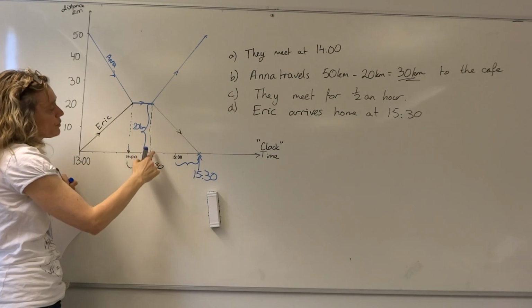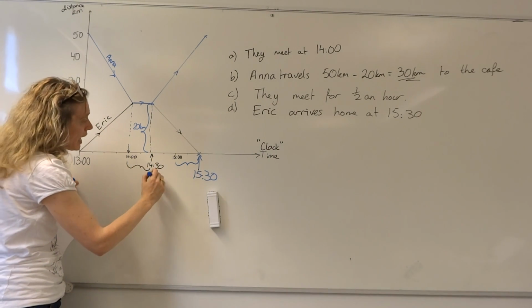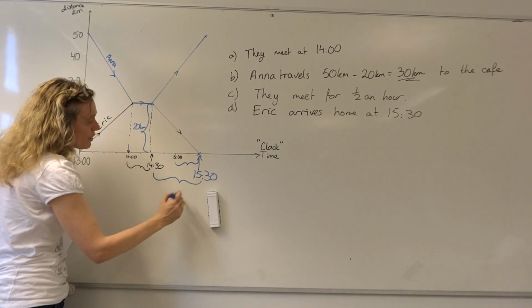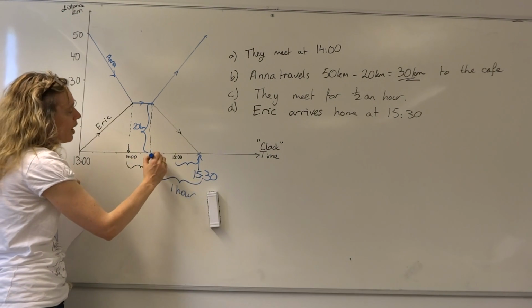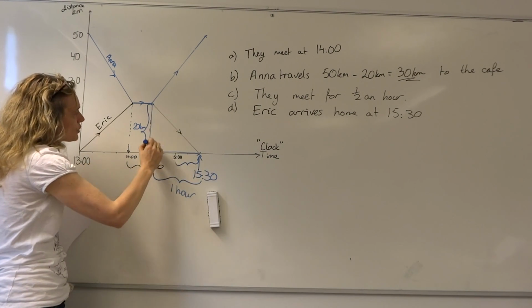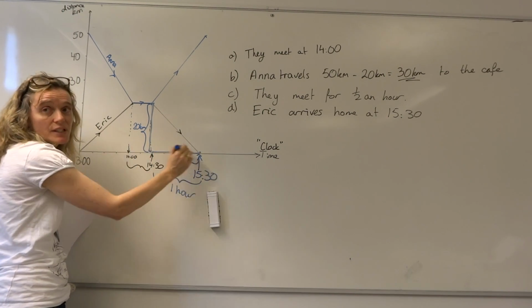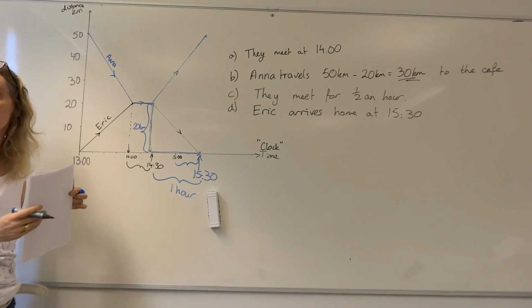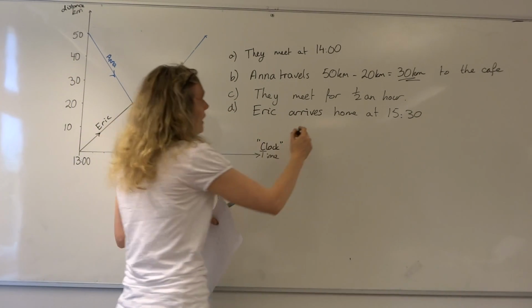The distance was from 20 kilometers down to 0, that's 20 kilometers. And the time was from 14:30 to 15:30, so that's 1 hour. So we take the difference in the y-axis divided by the difference in the x-axis, and it will give us the gradient.